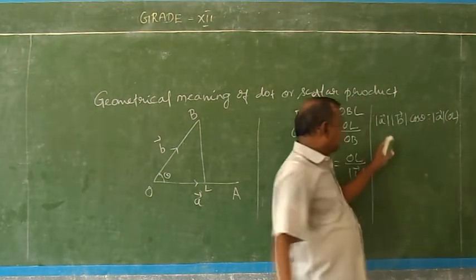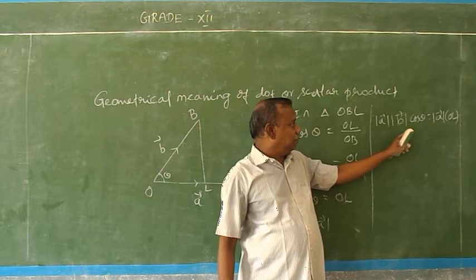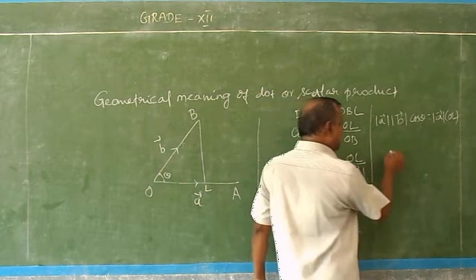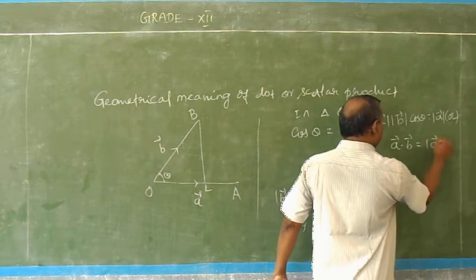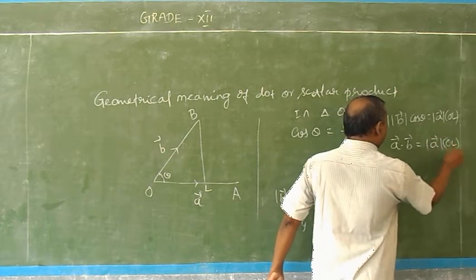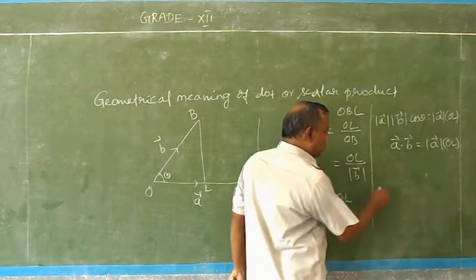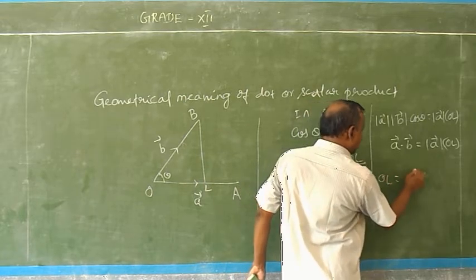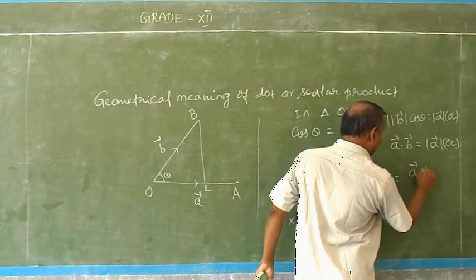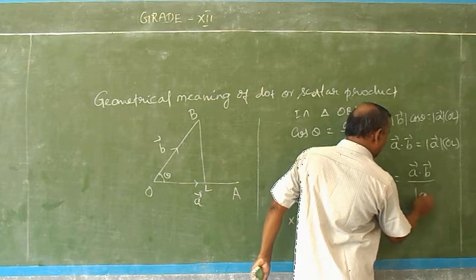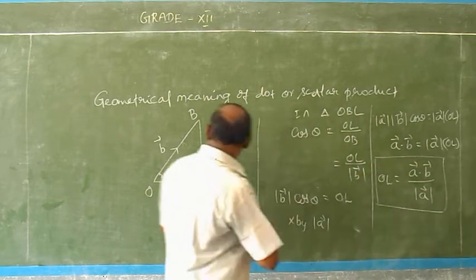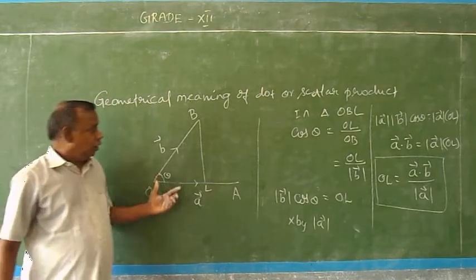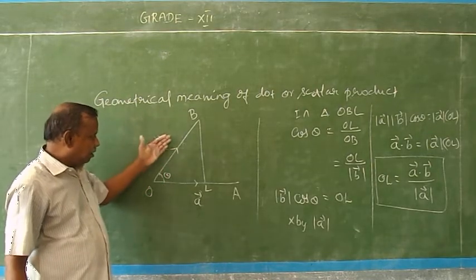Now, the LHS, modulus of A vector into modulus of B vector cos theta, equal to A vector dot B vector, which is equal to modulus of A vector into OL. Therefore, OL is A vector dot B vector divided by modulus of A vector. Now, the OL is known as the projection of B vector on A vector.